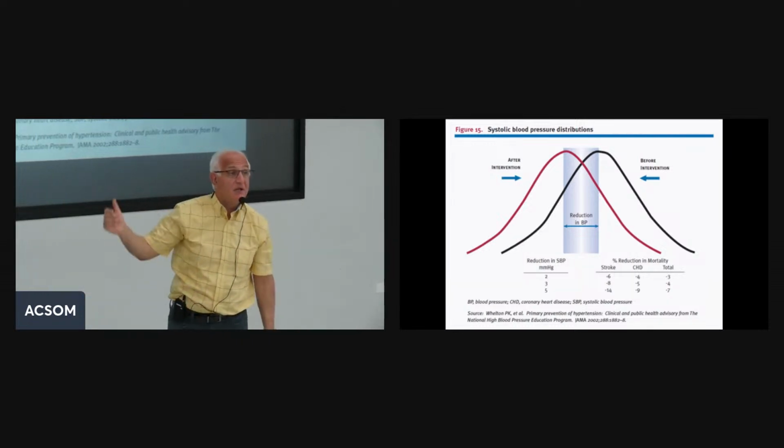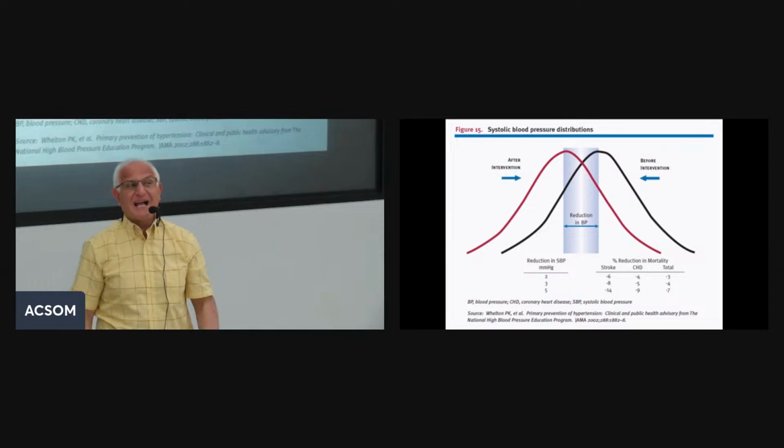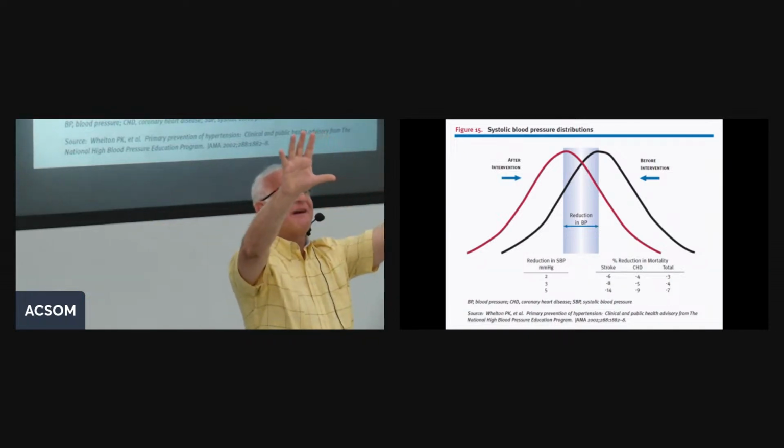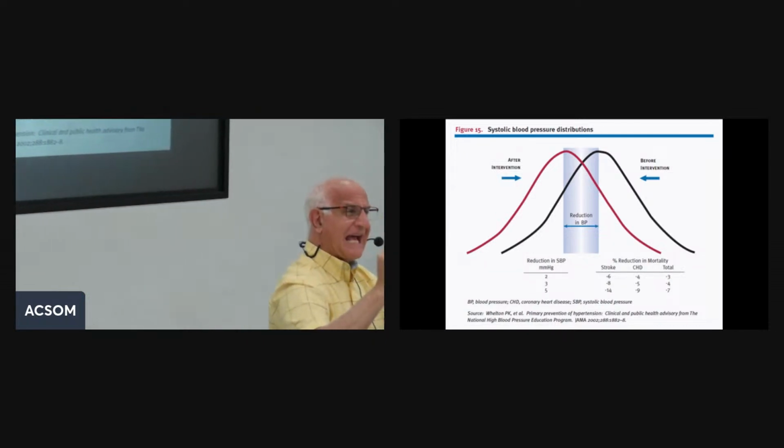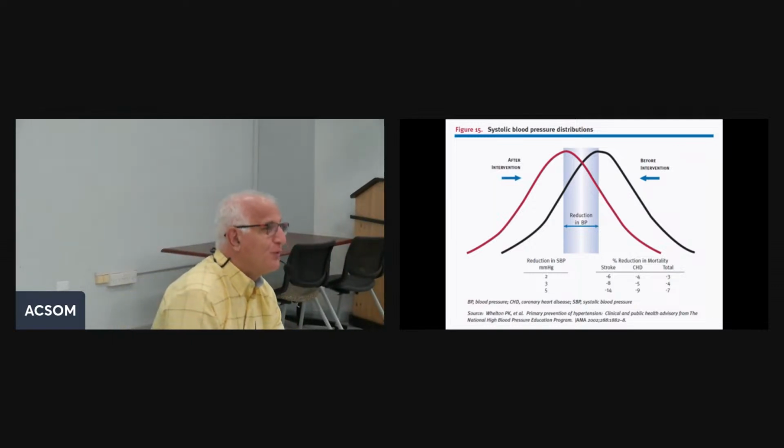Again and again, the numbers are not important, the concept is important. But if you ask me, among all the cardiovascular diseases, which one has a tighter association with blood pressure? Do you know which one is the one?